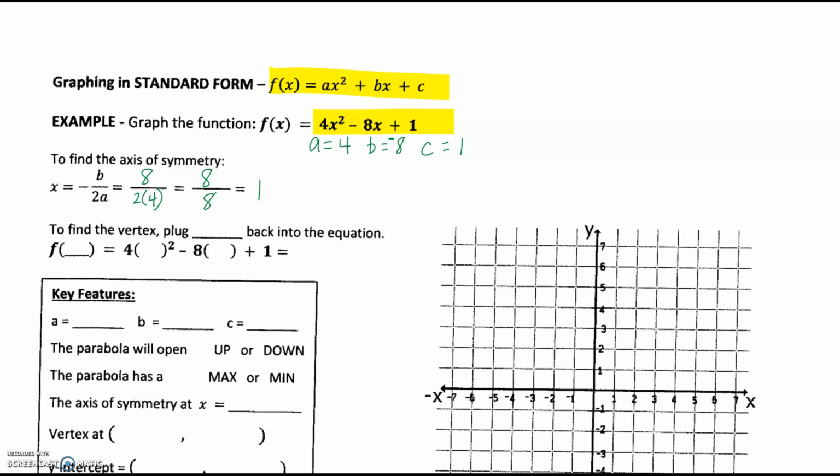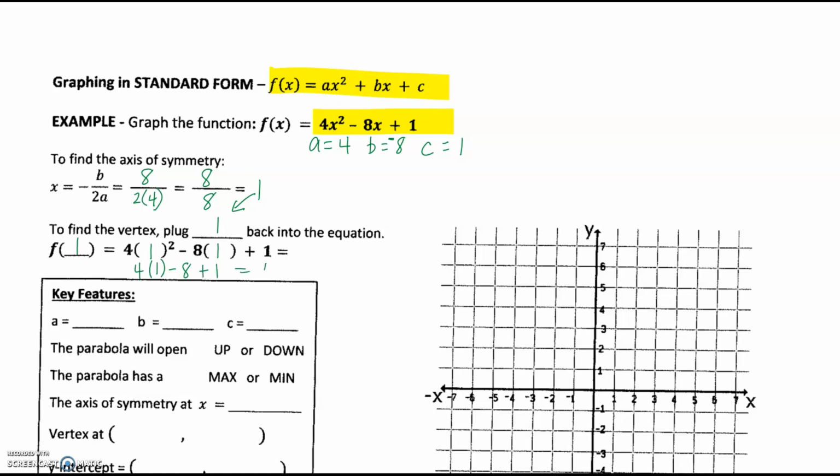To find the vertex, plug this number 1 back into the equation. The equation was up here, 4x squared minus 8x plus 1. So we're going to find f of 1. 4 times 1 squared minus 8 times 1 plus 1. We square 1 first and then multiply it by 4. So 1 squared is 1, so this becomes 1 times 4 minus 8 times 1, which is 8, plus 1.